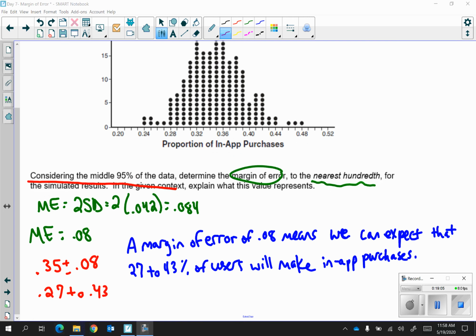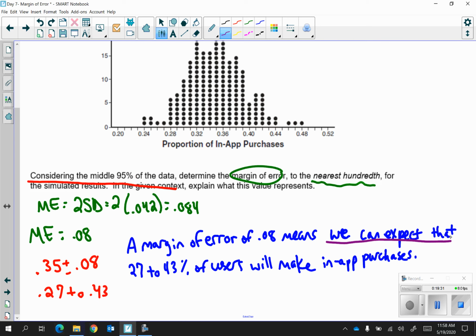Keep in mind, I specifically wrote we can expect that. I didn't say that 27 to 43% of users will definitely make in-app purchases. Remember, this is only 95% sure that this is happening. So you always want to write, this is what we can expect to happen, not that this is exactly what will happen.